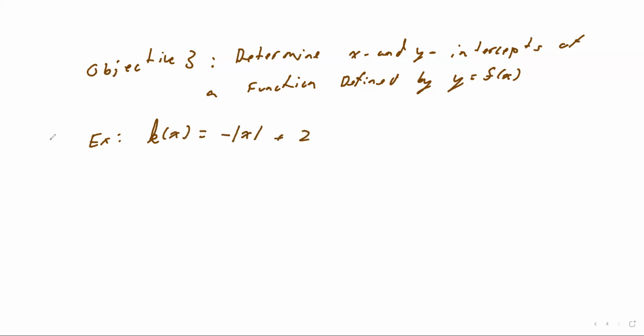Okay. So just like in the previous section of 2.1, to find x-intercepts we know y equals 0. Well, k of x is just a fancy way of saying y, so we're going to replace this with 0 equals negative absolute value of x plus 2. Now we're back to unit 1, in which we're just going to solve. So we will subtract 2 on both sides.